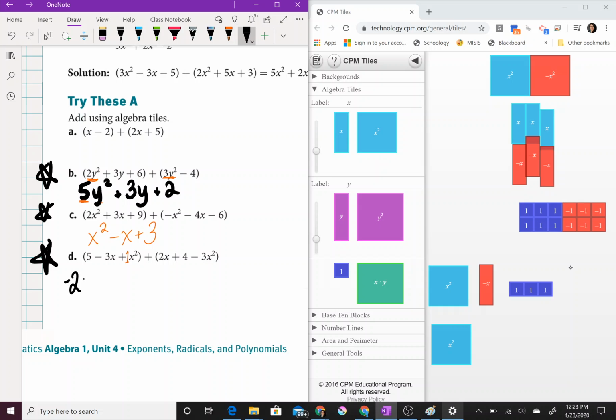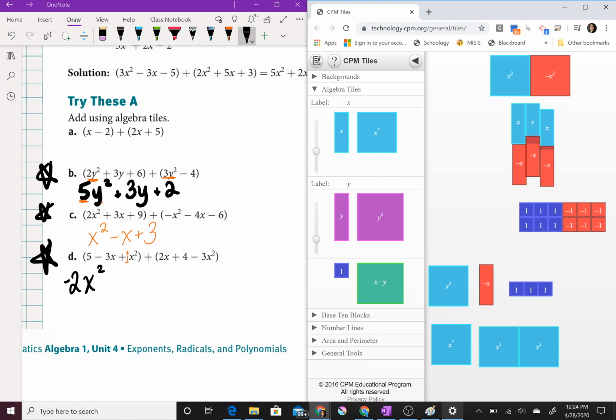And I'm left with -2x squared. That is going to stay the same, because again, that's like saying I'm combining with -3x squared here, and this will make 0, so all I'm left with is that -2x squared.